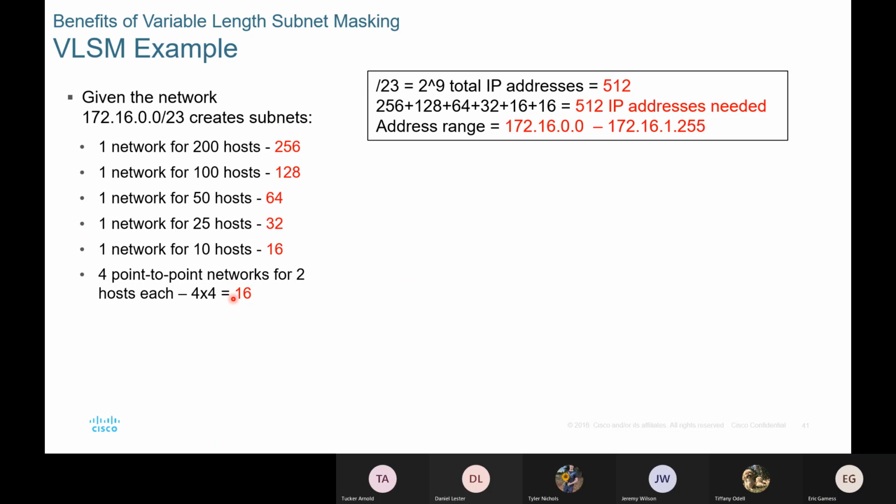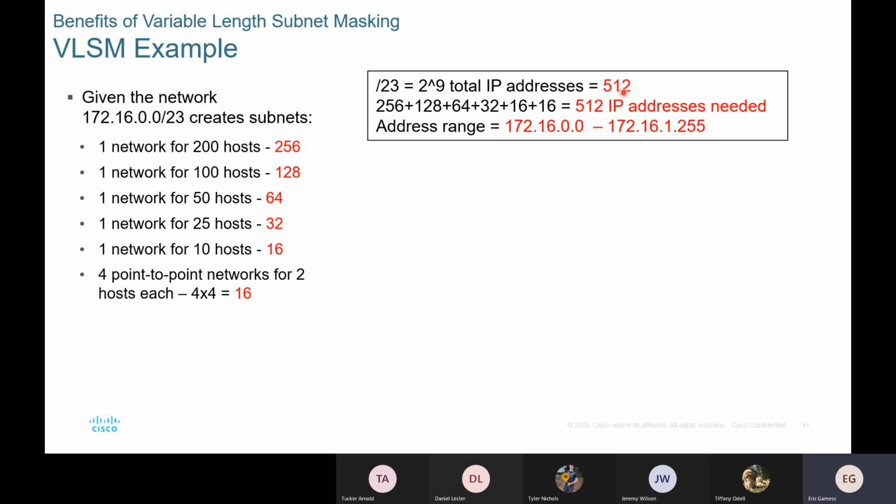So in total, let's see, we need 256 plus 128 plus 64 plus 32 plus 16 plus 16 for the point-to-point networks. When you add up all these numbers, it gives you 512.